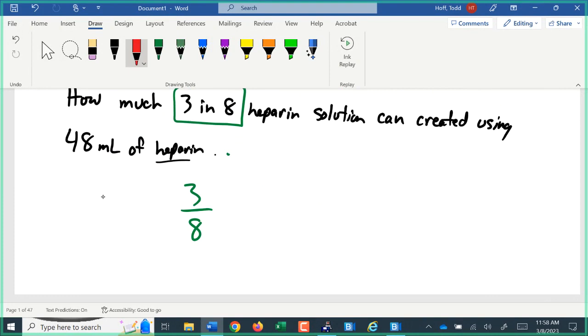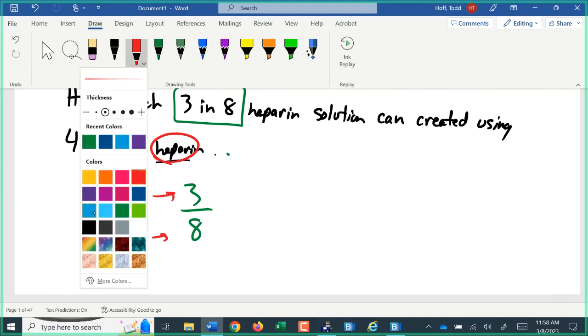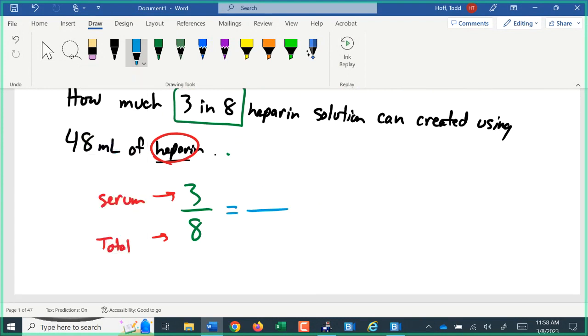Remember, the 3 represents the serum, in this case the heparin, and the 8 represents the total solution. I'm just going to start writing total for that. What we know is 48 milliliters of heparin, so that goes with the 3, on top. Are we looking for the total? Yes, how much of that 3 in 8 dilution can be made?